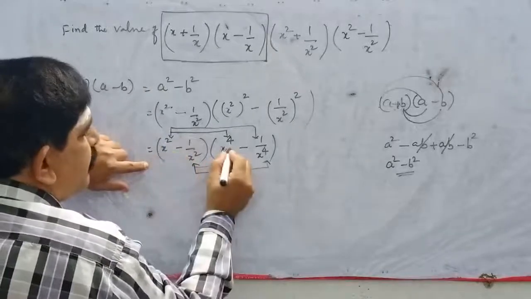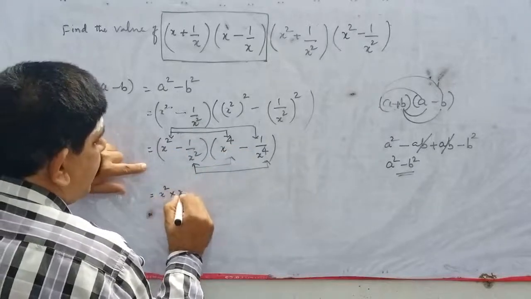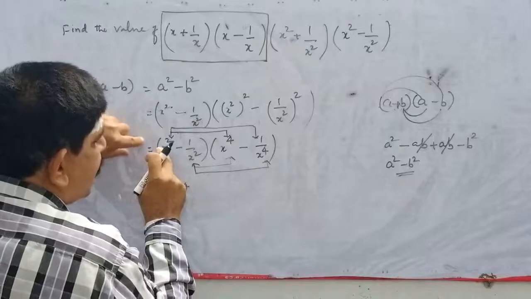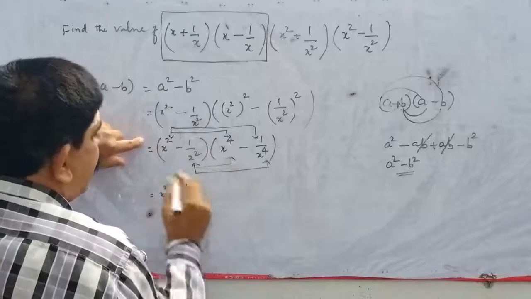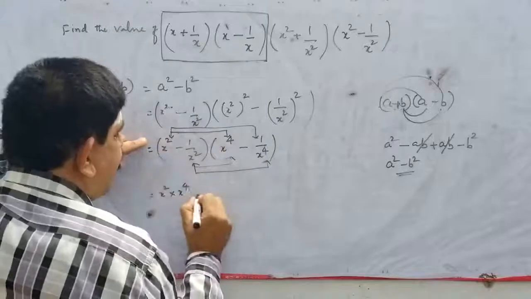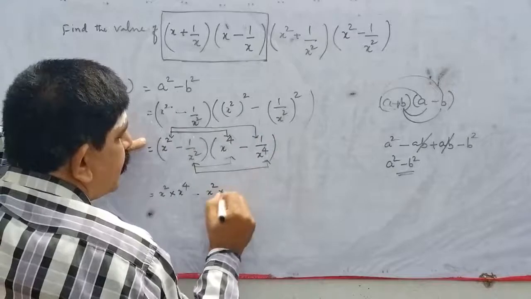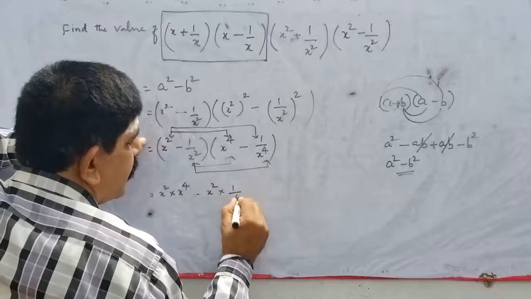Now x square into x to the power of 4; the symbol is plus into plus, plus. Next, first term to second term, plus into minus, minus: x square into 1 by x to the power of 4.